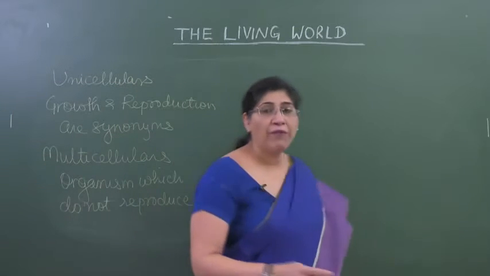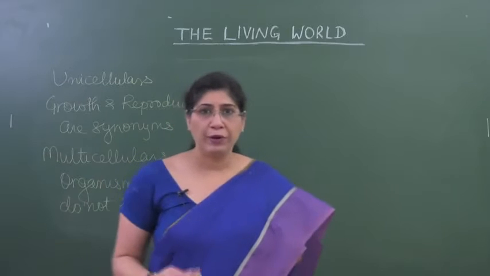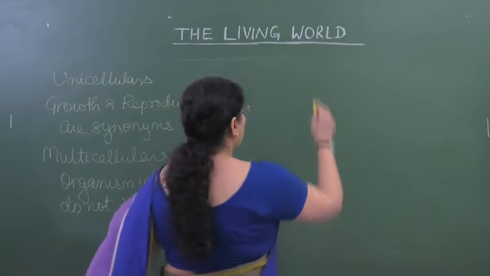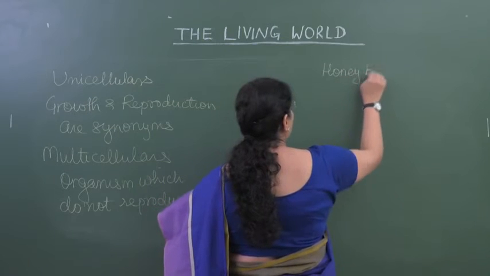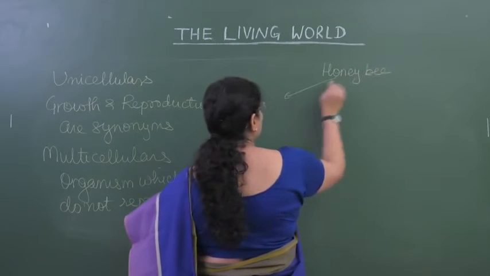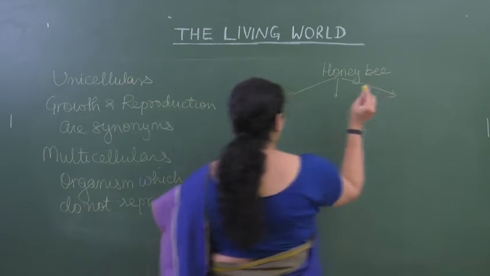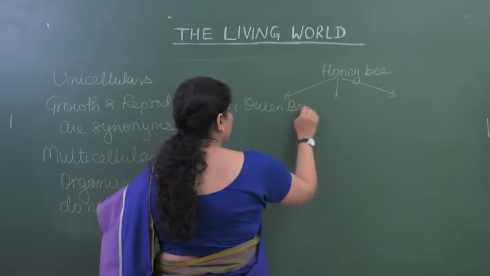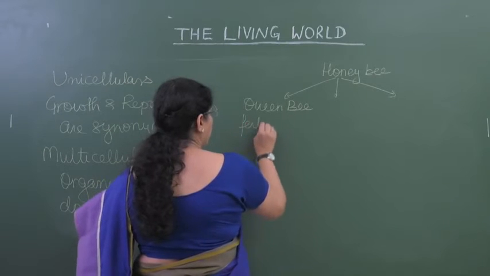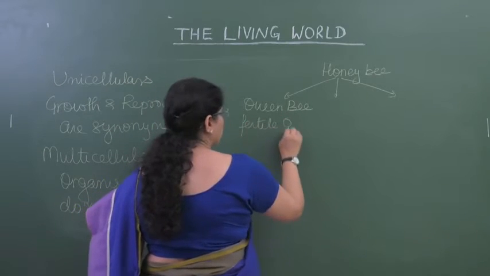Let us look at some of the examples which do not reproduce. If you look at a society of honeybee, there is a queen bee which is a fertile female, so she will reproduce.